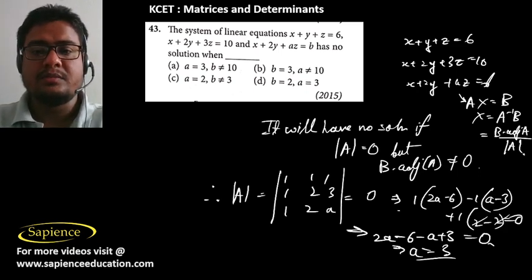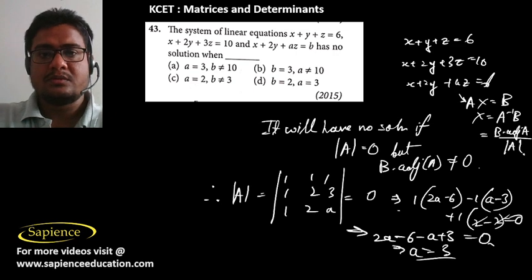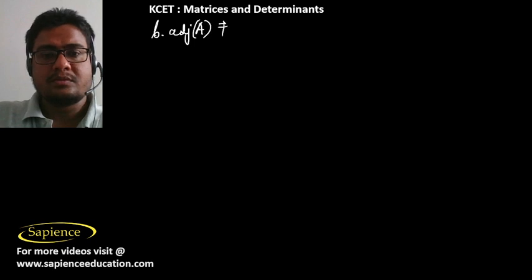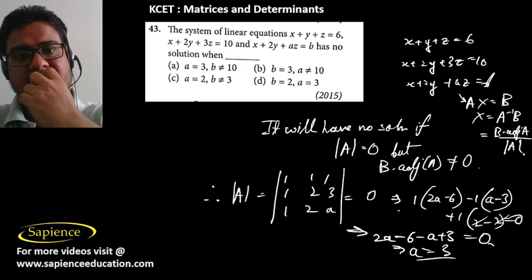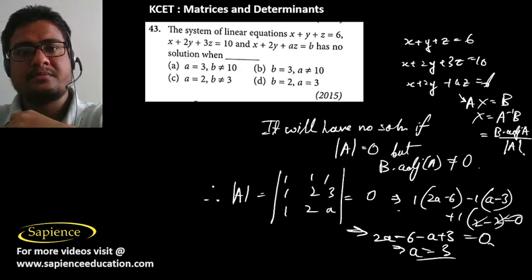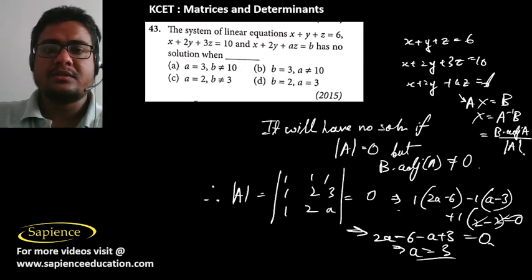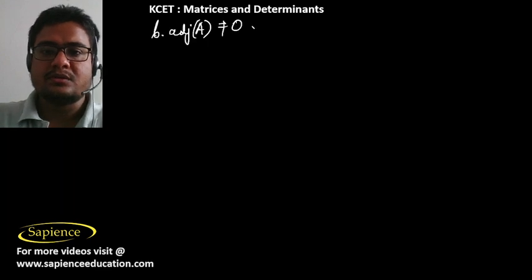We have to find the value of b. It is told that B into adjoint of A should not be equal to 0. Or we can say that from here we can find out x. How?